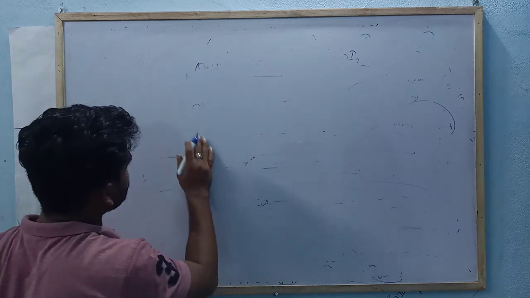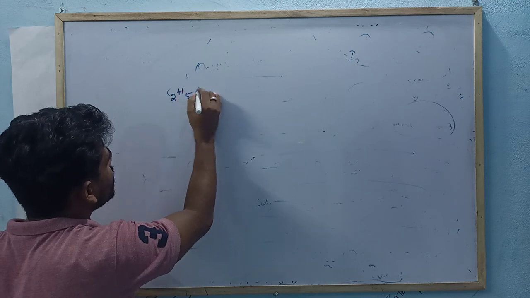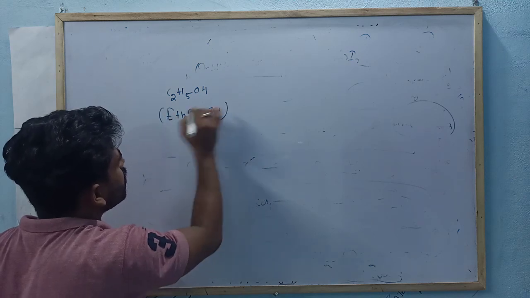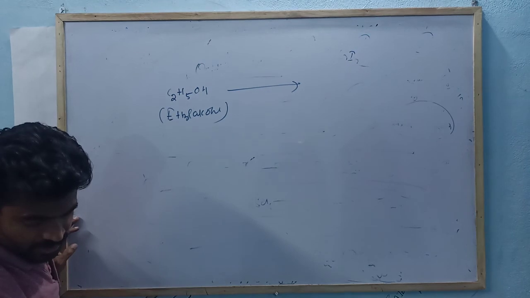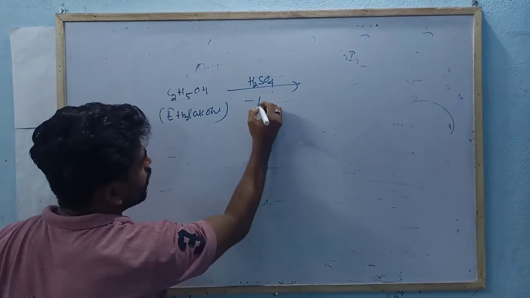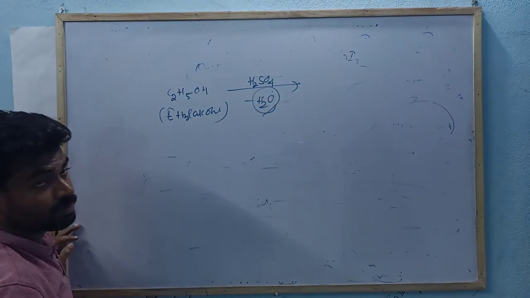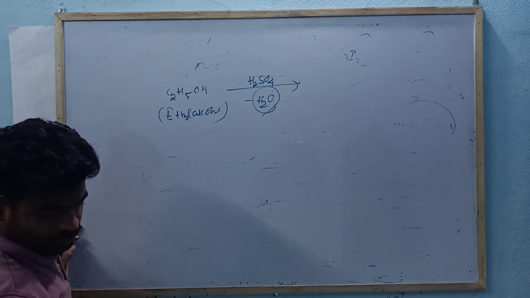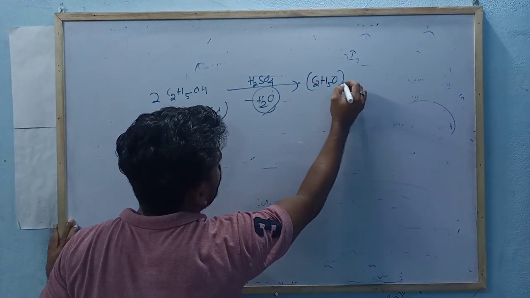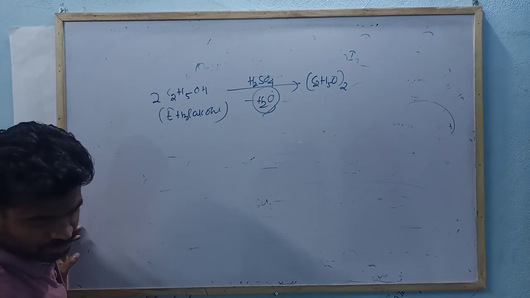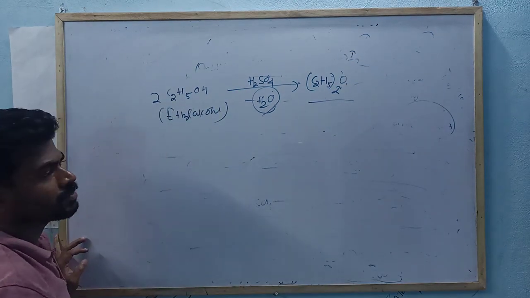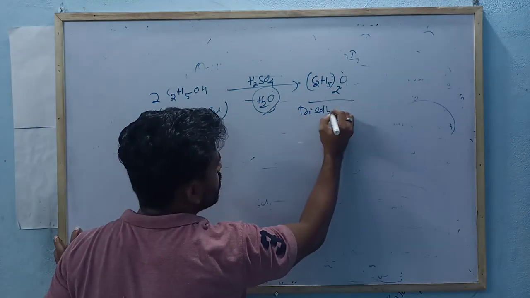If I write in organic, C2H5OH, ethyl alcohol, and heat this ethyl alcohol with H2SO4, then a water molecule can be eliminated from ethanol, leading to the formation of an ether, C2H5OC2H5, diethyl ether.